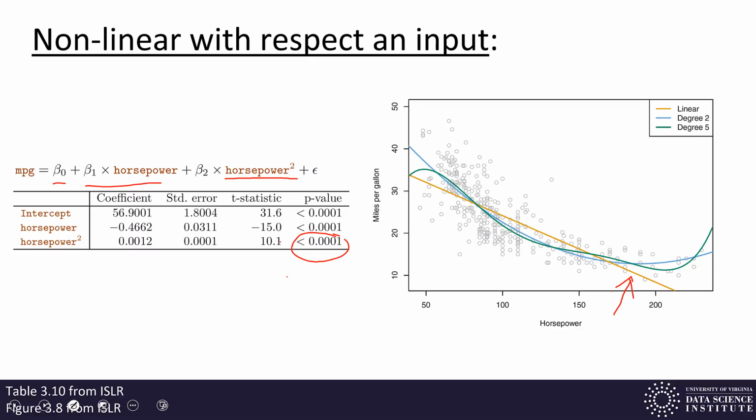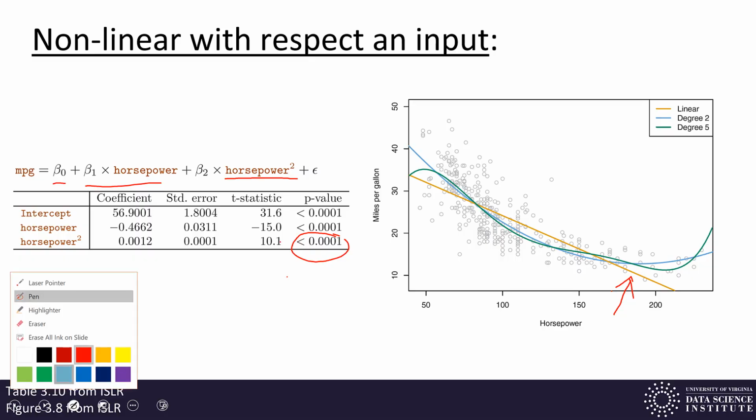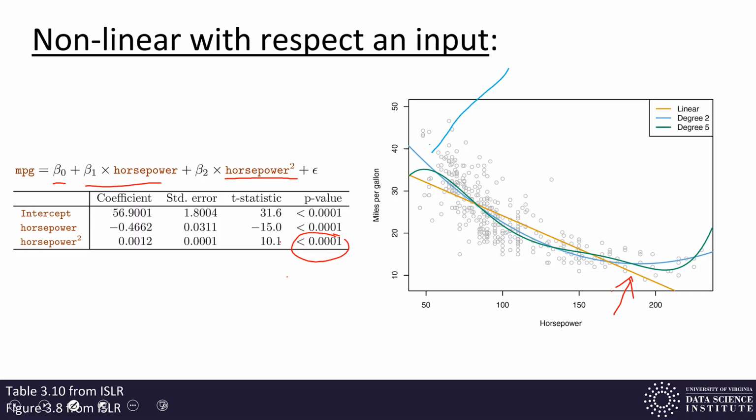But when you look at the blue, that curve corresponds to the degree 2 polynomial, which we've shown in the regression on the left-hand side of that table, and that seems to give us a better fit to this data than just the linear regression.